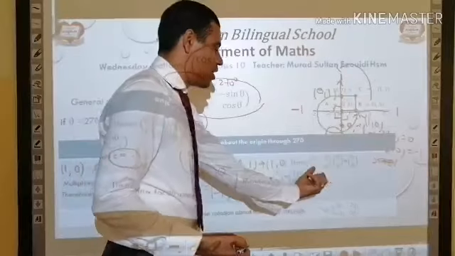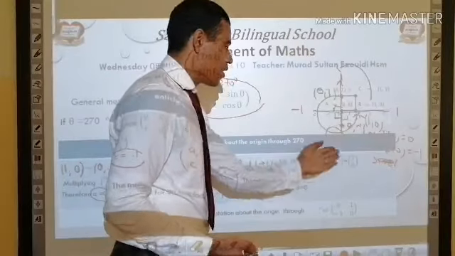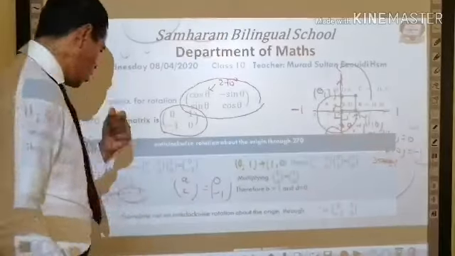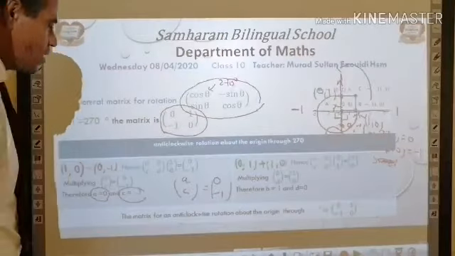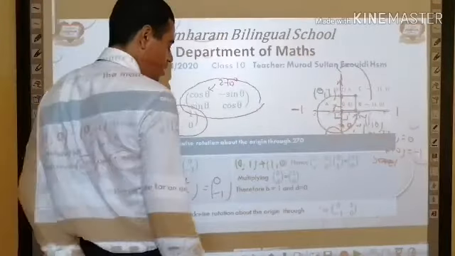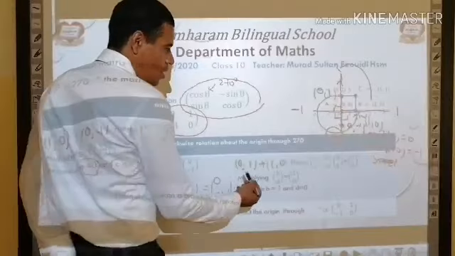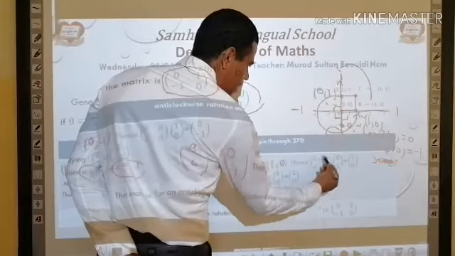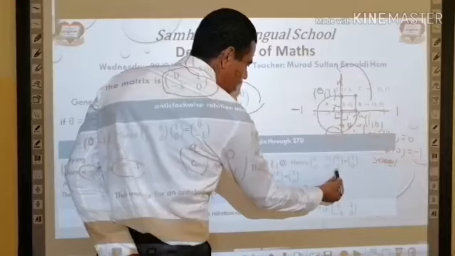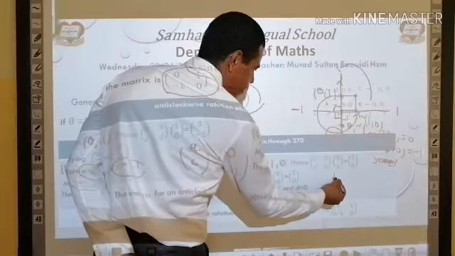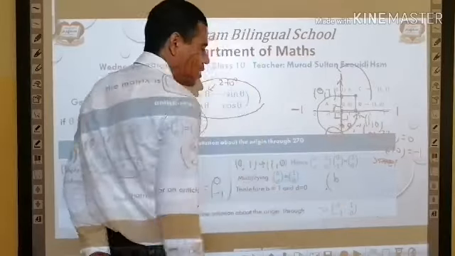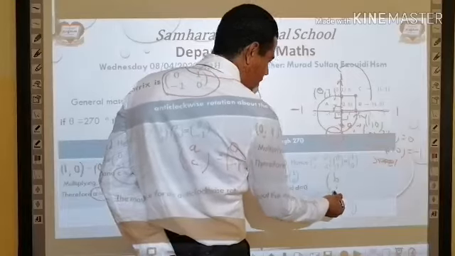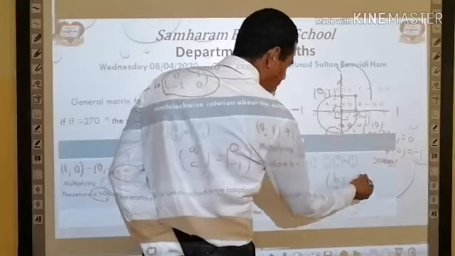Then I will find B and D. I will use this matrix of transformation that transforms this point to its image to find B and D, because A and C we already found. So I will multiply this by that. A multiplied by 0 is 0, plus B multiplied by 1 is B. Then C multiplied by 0 is 0, D multiplied by 1 is D. This should equal (1, 0).